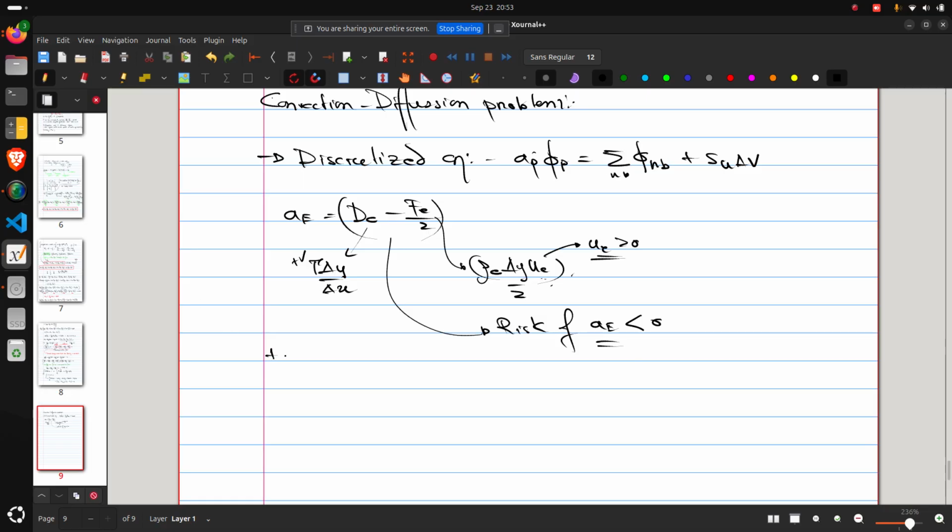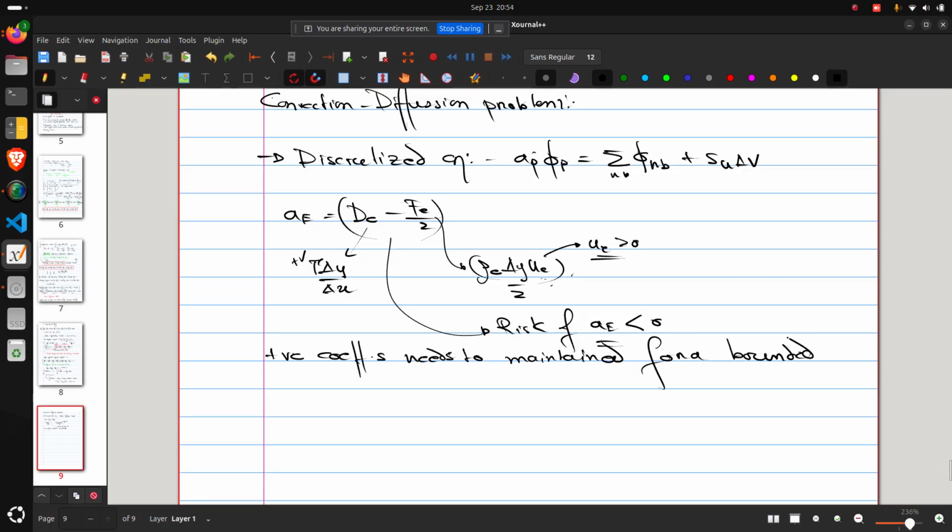So the positive coefficients need to be maintained for a bounded solution, right. So for a bounded solution we need all positive coefficients.